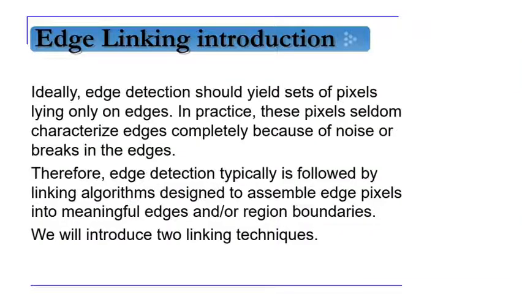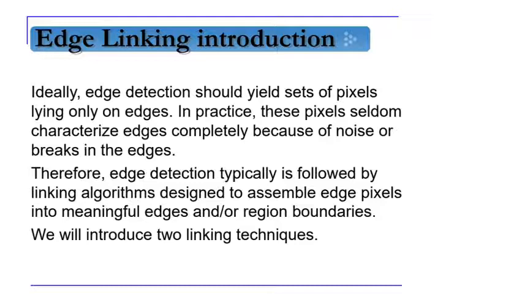So what is the reason why we need edge linking algorithms? Because edge detection techniques rarely characterize the edges completely. It means after applying edge detection algorithms, it is still not possible to get complete or meaningful edges. There are some reasons for that, like noise.